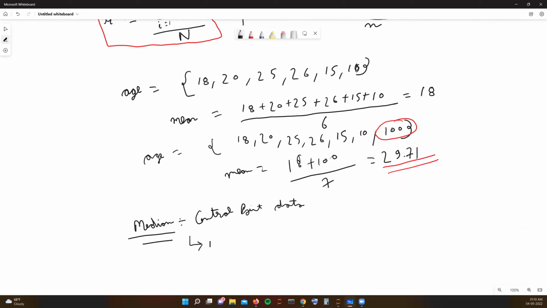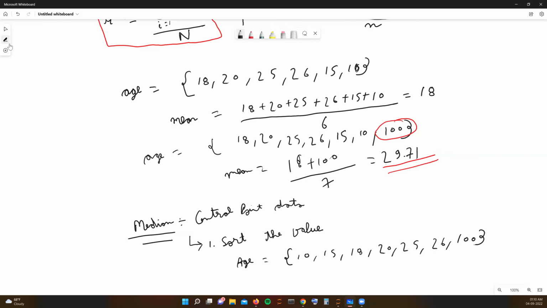First of all, my first step will be sorting the values in ascending order, starting from the lowest number and going to the highest number. So 10 will come first, then 15, then 18, then 20, 25, 26, and 100.